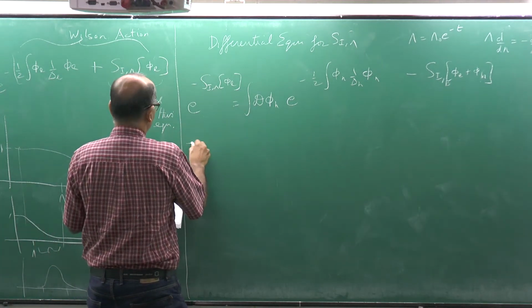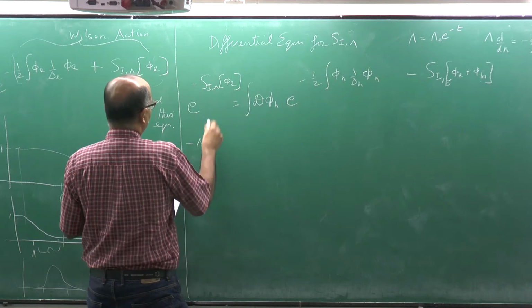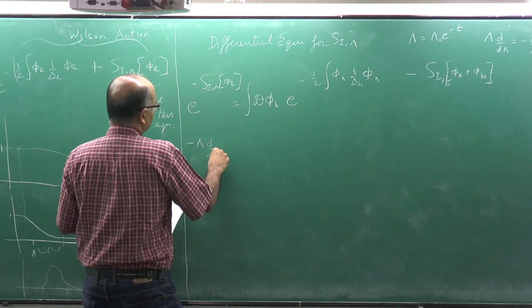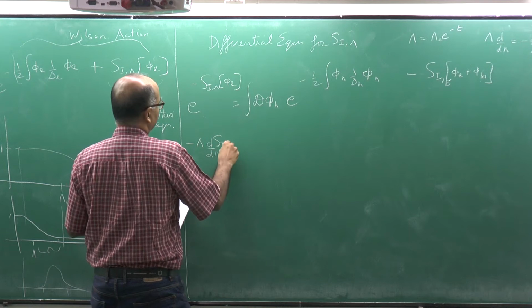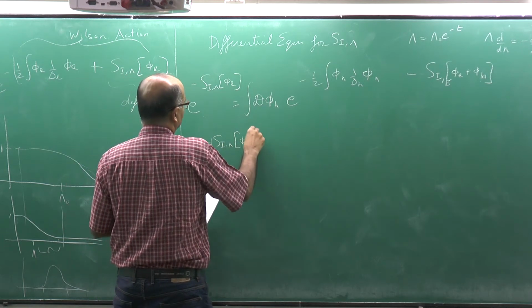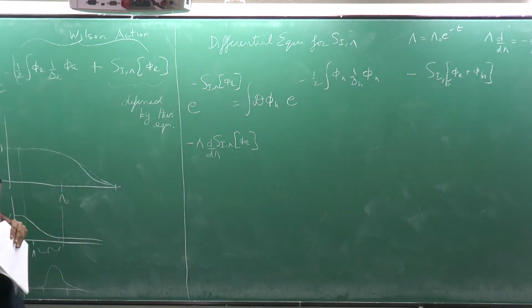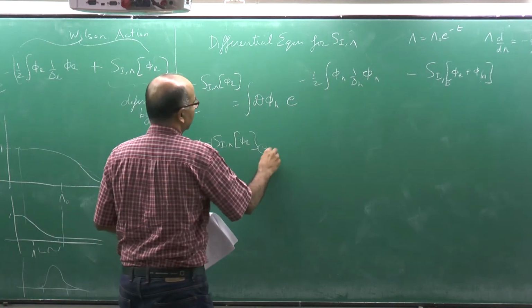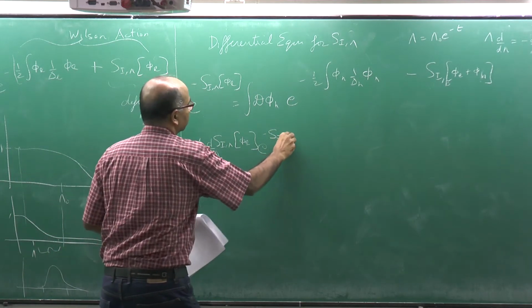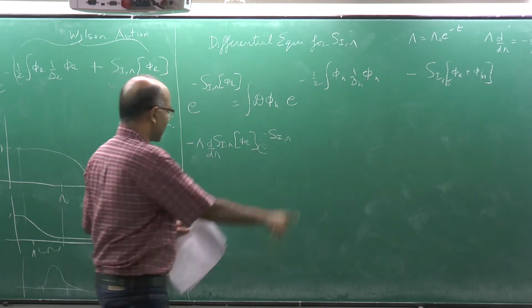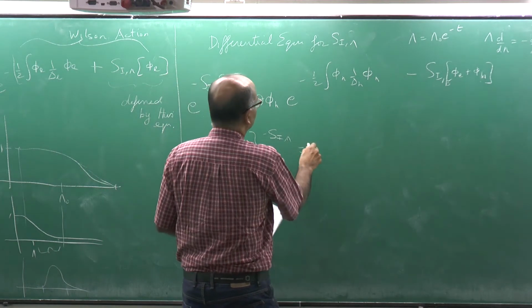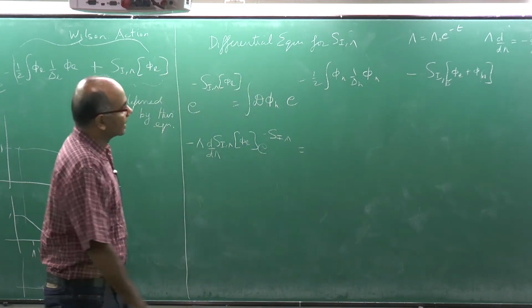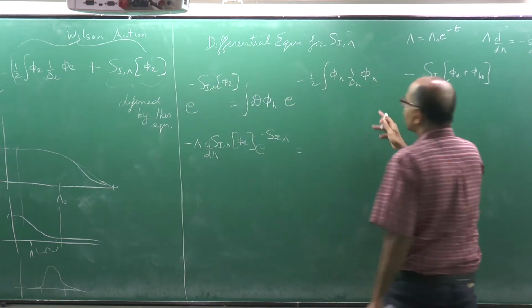So you get minus. So I'm going to act with this one, and I'll get this. This is my left hand side, times, of course, this function. So I'll put that. What is the right hand side? So where is the lambda dependence in this?